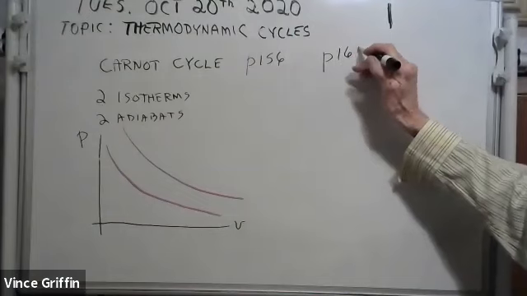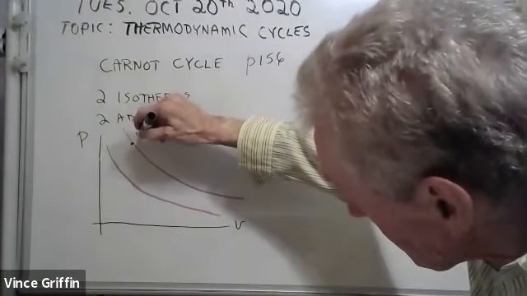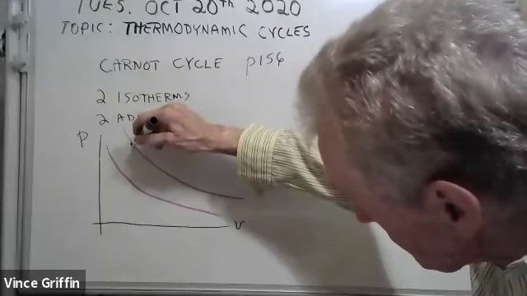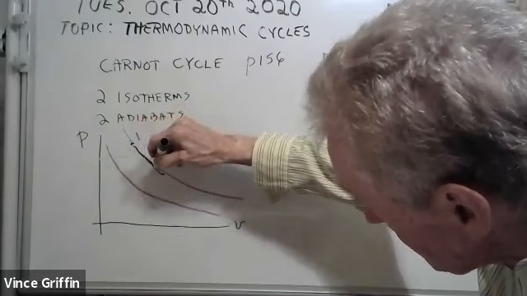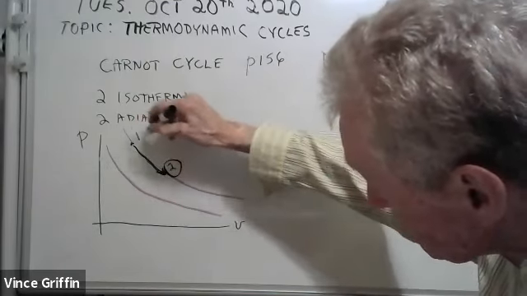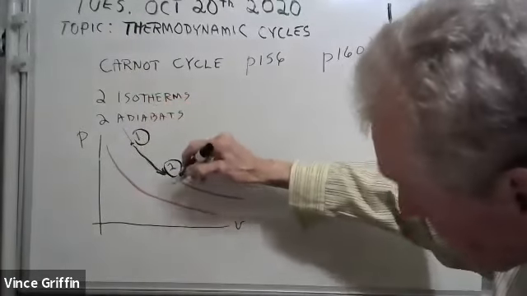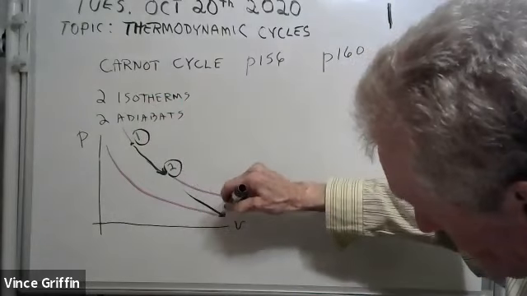Here you go. Here's state 1. And you have an isotherm. There's state 2, from 1 to 2. And then here's state 3.